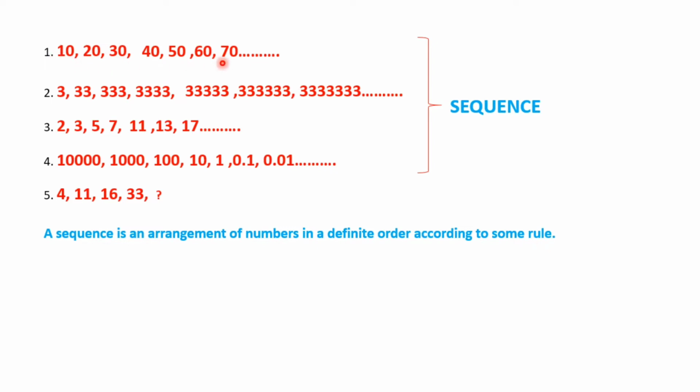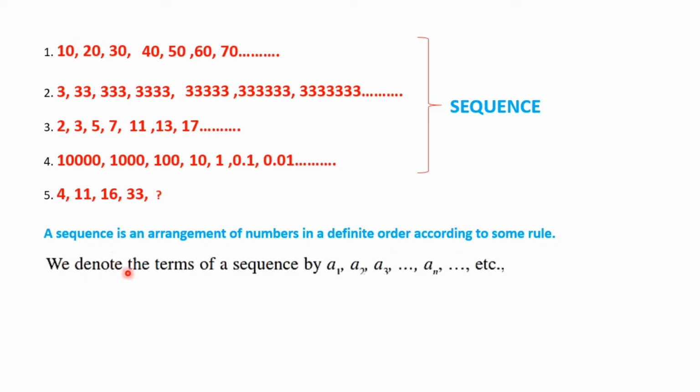In the first case, if you consider adding 10, then we denote the terms of a sequence by A1, A2, A3, etc., An, etc. This is the representation. The subscripts denote the position of the term. Here A subscript 1, this is the first position.